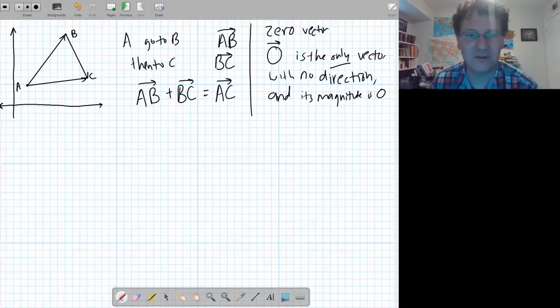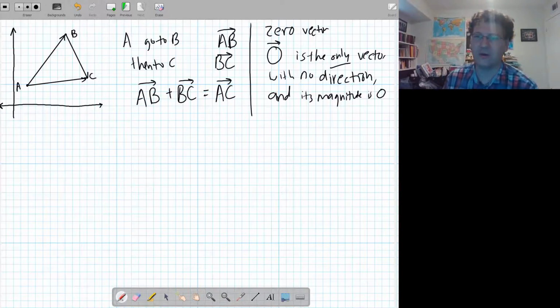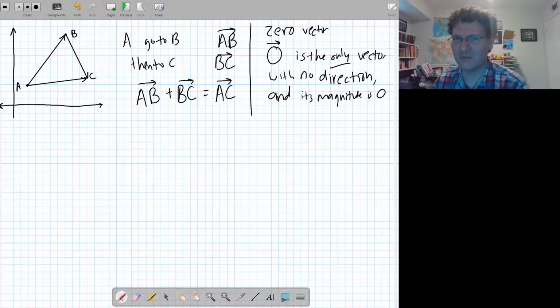It's a vector of zero length, and we don't even draw it with an arrow or anything. It's a concept that is going to be needed on occasion, but it's not something that we really illustrate. Basically, it represents a lack of movement.